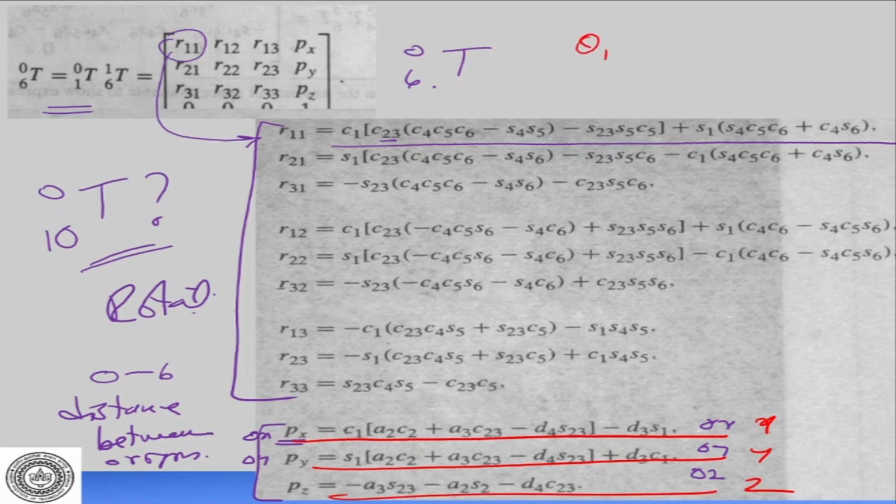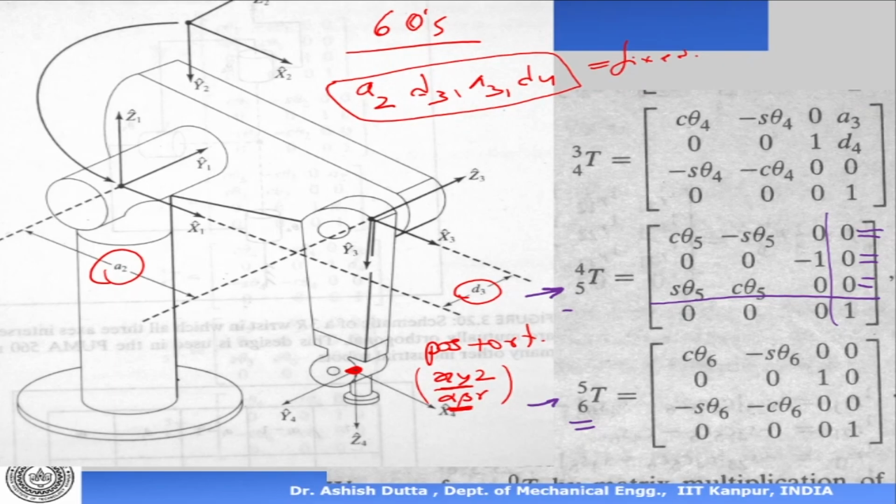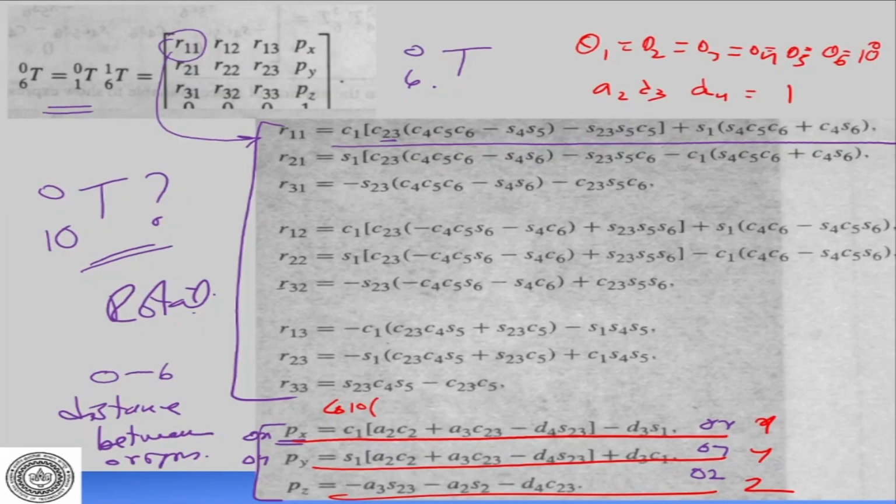For example, if theta 1, theta 2, theta 3, theta 4, theta 5, theta 6 are all equal to 10 degrees, then this is cos 10, plus A2. I give the values A2, D3, A3 and D4, which are all equal to 1 unit.